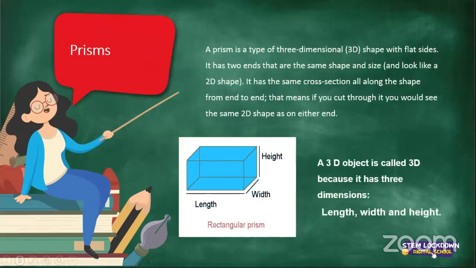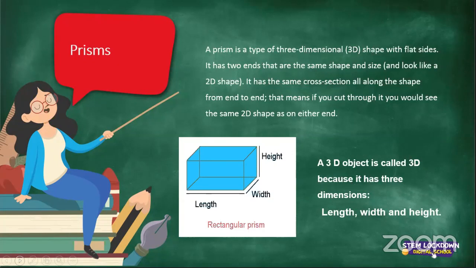All right. The first thing that we should know is the definition of a prism for us to be able to answer any question relating to prisms and 3D shapes. So what is a prism? A prism is a type of three-dimensional shape with flat sides.